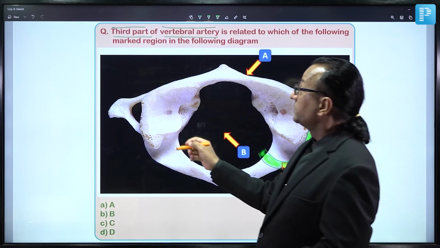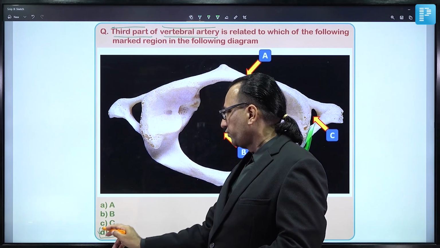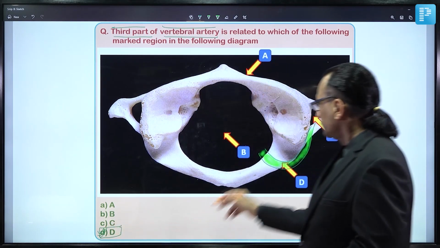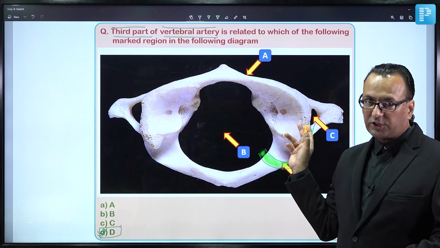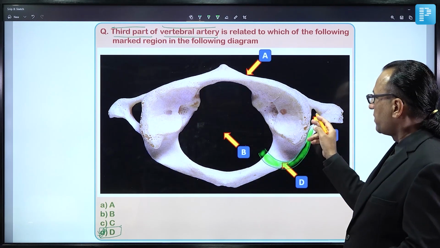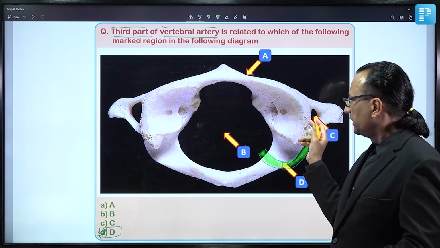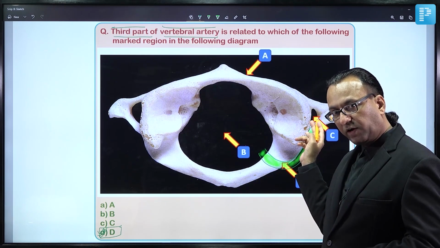Now, when you mention the answer is choice number D, fine, but then what about choice number C, which is foramen transversarium? As I mentioned, in BD Chaurasia and Gray's Anatomy, choice number C, foramen transversarium, will have the second part of vertebral artery becoming the third part of vertebral artery.